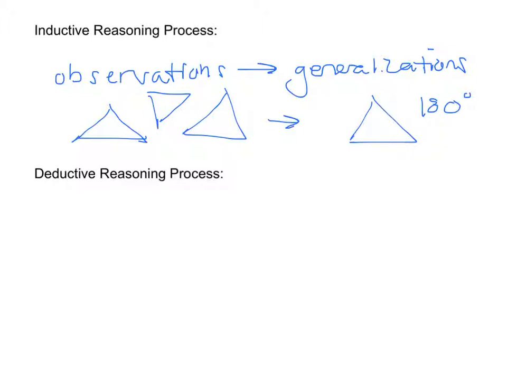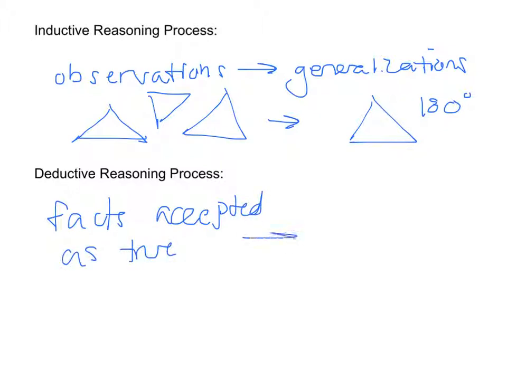The deductive reasoning process is the opposite. So you have facts accepted as true, and you use those to then conclude the logical consequences.